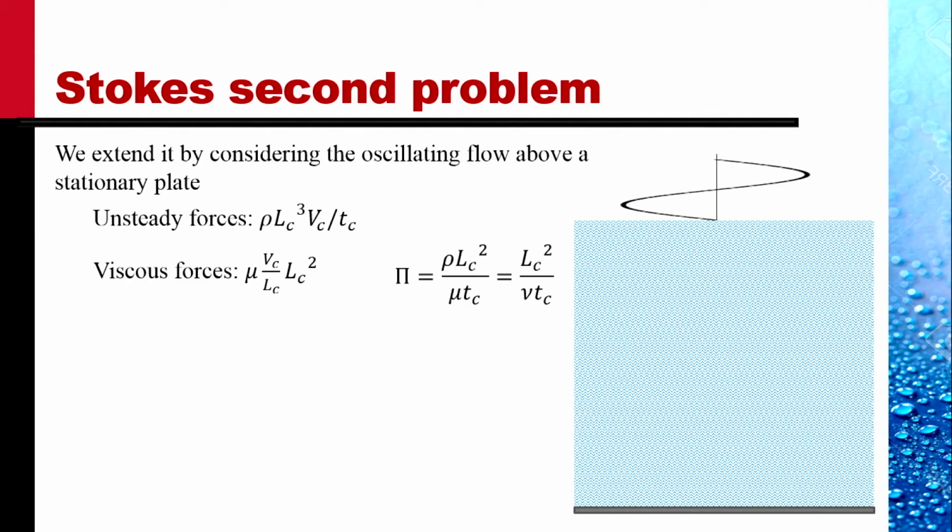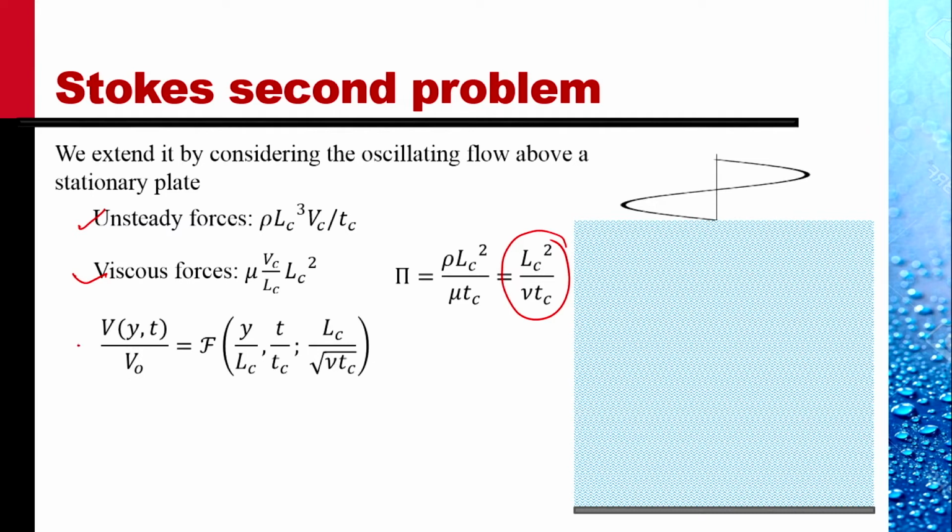Same formulation: unsteady forces, viscous forces, and the same value of pi. The functional relationship is also the same. Here again, the characteristic time can be taken as 1 over omega, but there is no characteristic length available in the problem statement.